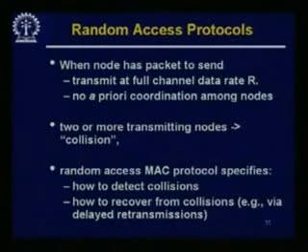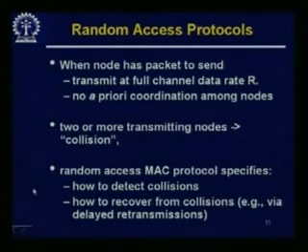So, this is in short the random access protocol. If two or more transmitting nodes start transmitting at the same time, we have a collision. A random access MAC protocol specifies how to detect collisions, that is, how you know that your transmission has collided, and how to recover from collisions, for example via delayed retransmission.